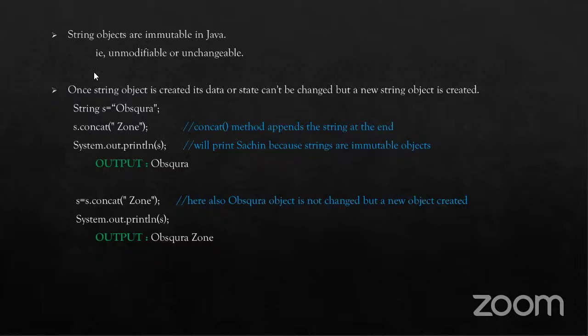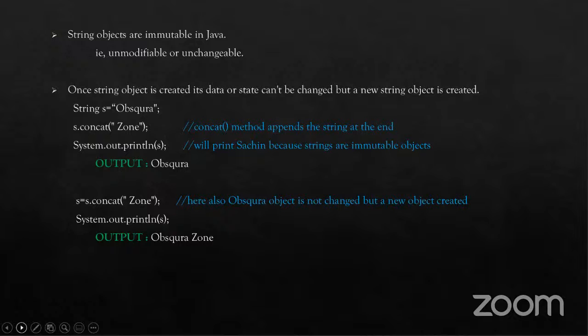For example, we have the concat method, which appends something to a given string. Here I have a string s equal to obscura, and I need to add zone also to this obscura. So we can use the concat method.